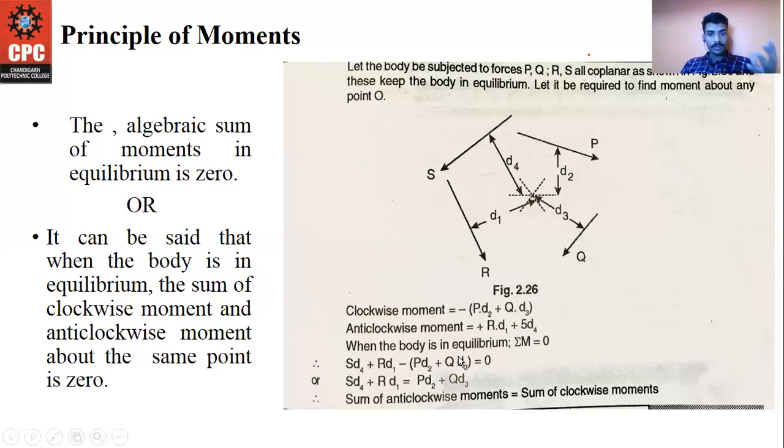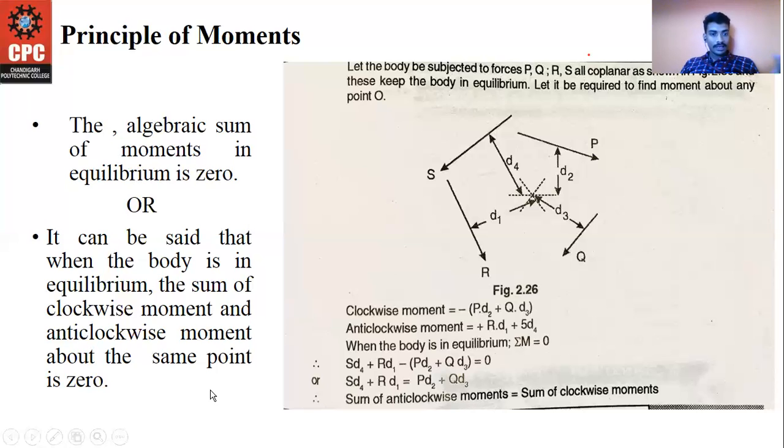So when we talk about equilibrium, the algebraic sum of moments should be equal to zero. If the algebraic sum of moments in equilibrium is zero, then we just have to equate these equations, and when we calculate this, we get the equation: the sum of anti-clockwise moments is equal to the sum of clockwise moments.